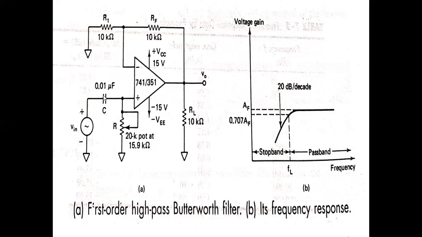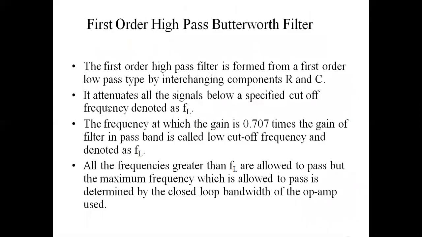Now we change the positions of R and C, and this represents the first order high pass Butterworth filter.